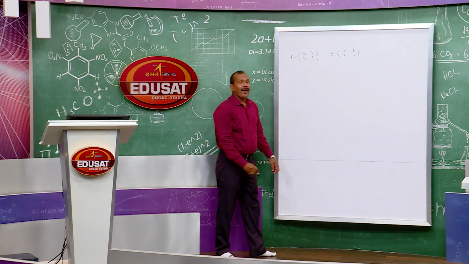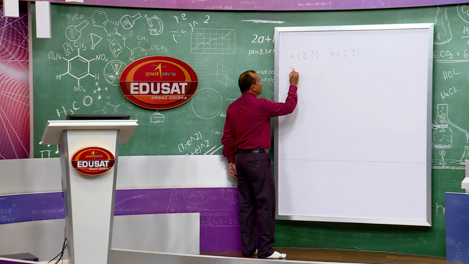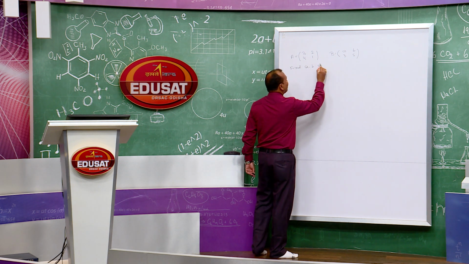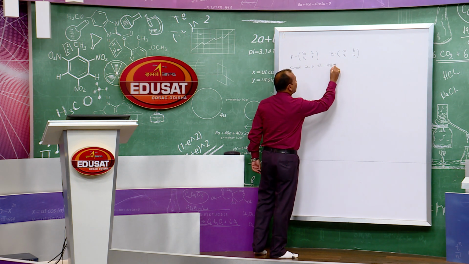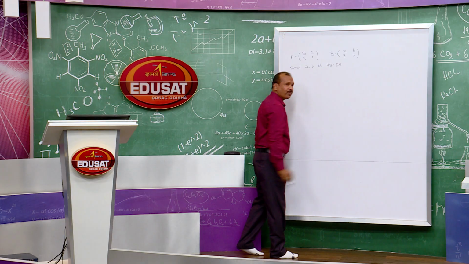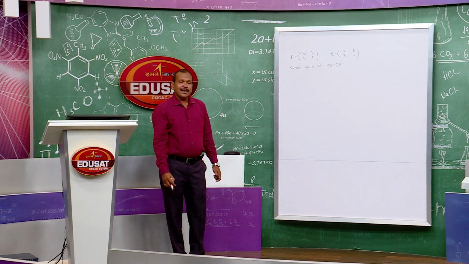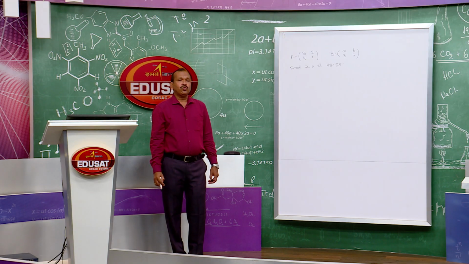We have to find the values of a and b if AB is equal to BA. Both A and B are matrices having order 2 cross 2.